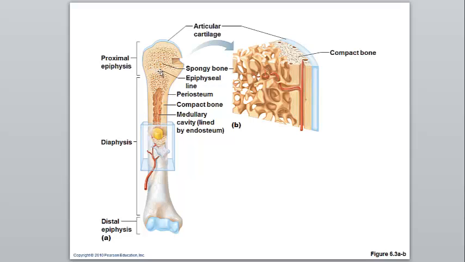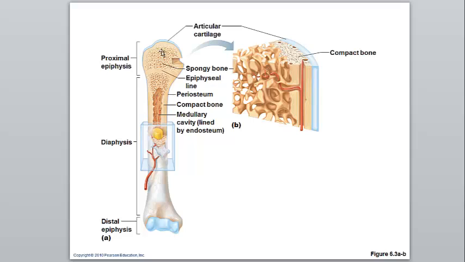Now, if you look over here, that's the epiphyseal line. It used to be hyaline cartilage. When it was hyaline cartilage, while this bone was growing, we called it the epiphyseal plate. As the hyaline cartilage multiplies over here, it moves upward, and from the bottom, the matrix starts calcifying and putting down new bone in this area.